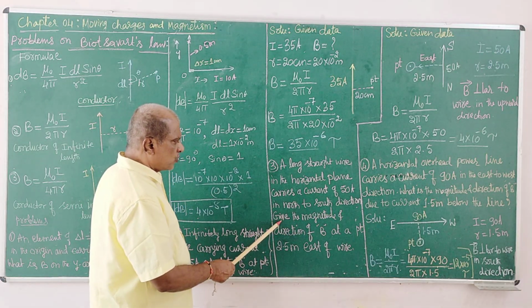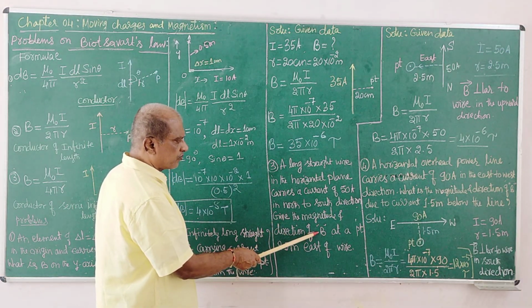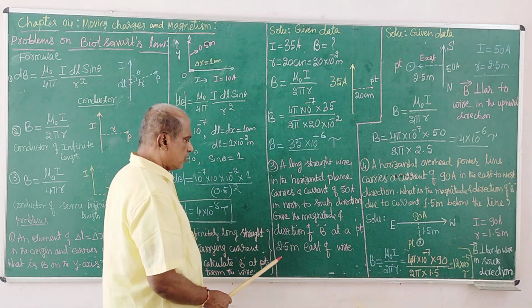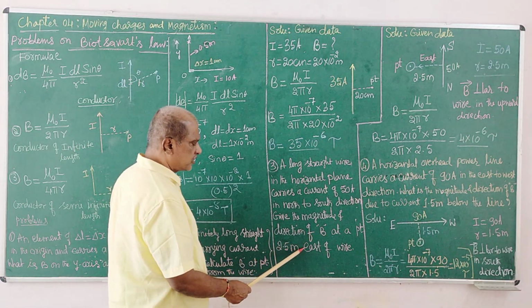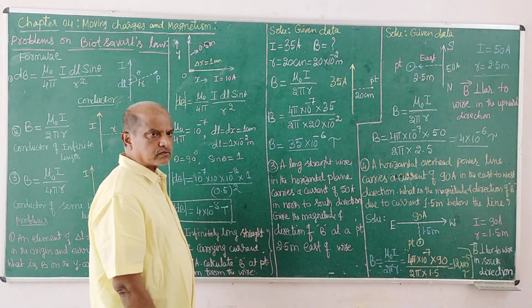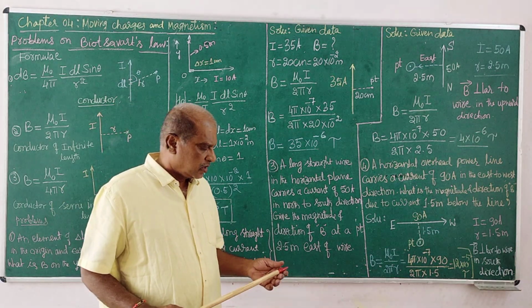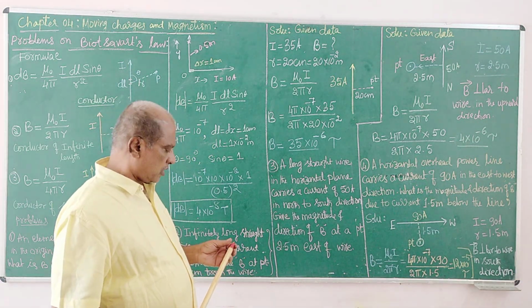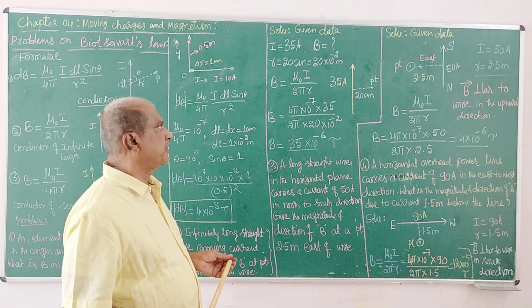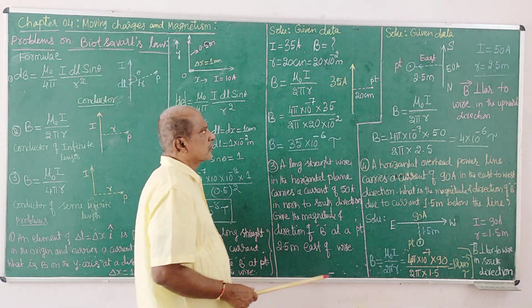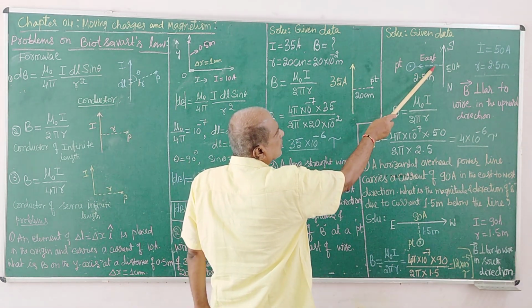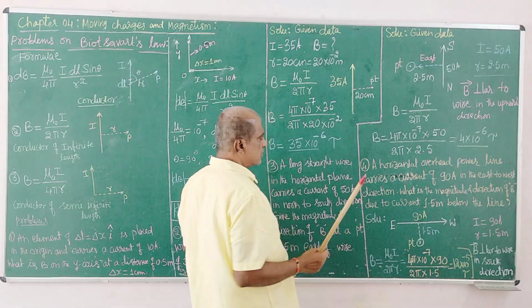Give the magnitude and direction of B at a point 2.5 meter east of the wire. It requires diagrammatic depiction of the data. This is what I have put, pictorial representation of this data.